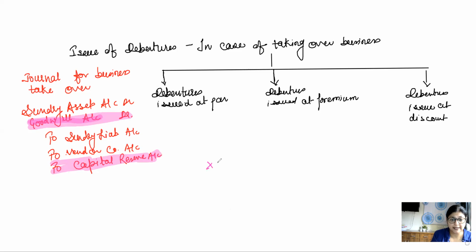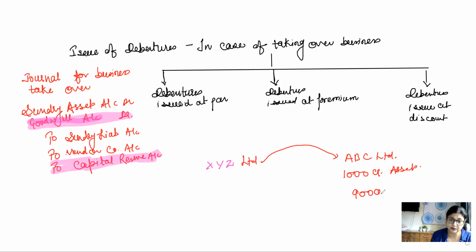Suppose XYZ Limited took over ABC Limited's business, and ABC Limited had rupees 1000 crores assets and rupees 900 crore liabilities, and the purchase consideration which is fixed is 2000 crore.